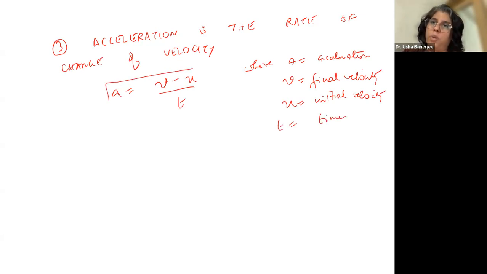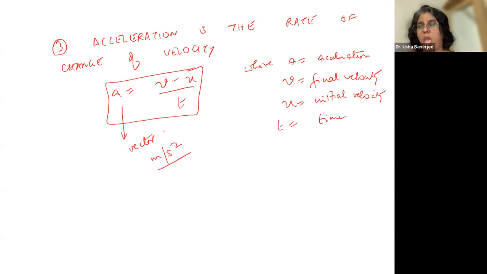So this is the formula for acceleration. It is a vector quantity and the SI unit is meter per second square. And throughout the world, final velocity is small v, and initial velocity is u. Whether you study in India, Singapore, or Paris, wherever. So that is the beauty of science and physics. Done? Clear till now? Okay.